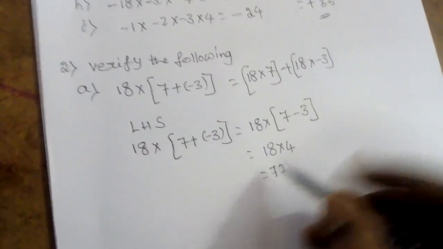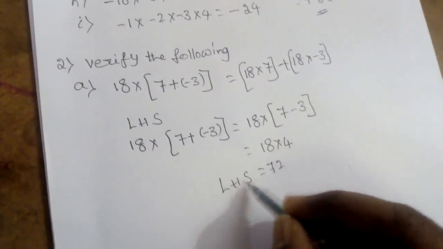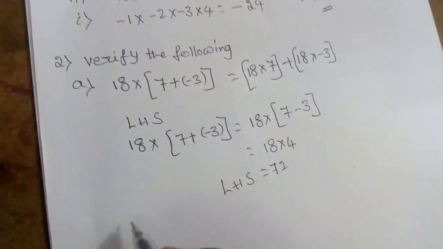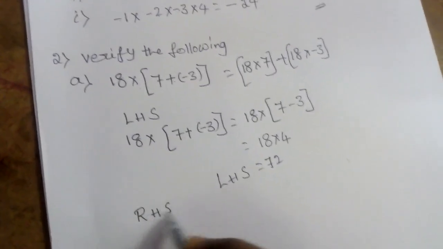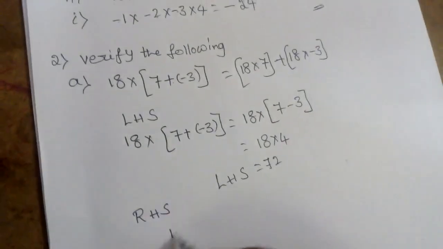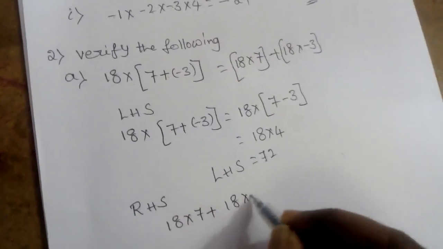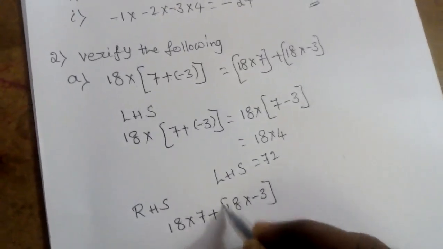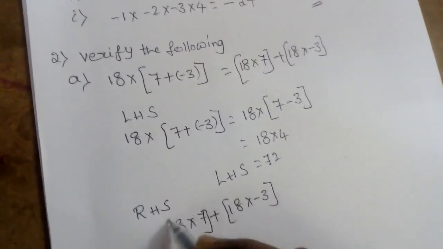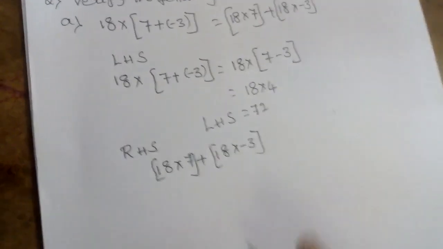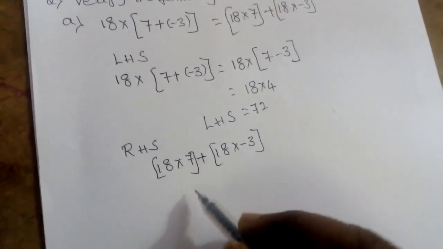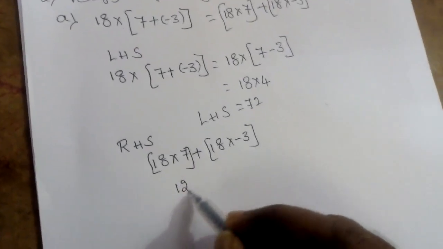Okay, this is LHS. Now take the RHS: 18 into 7 plus 18 into minus 3. 18 into 7 is 126.